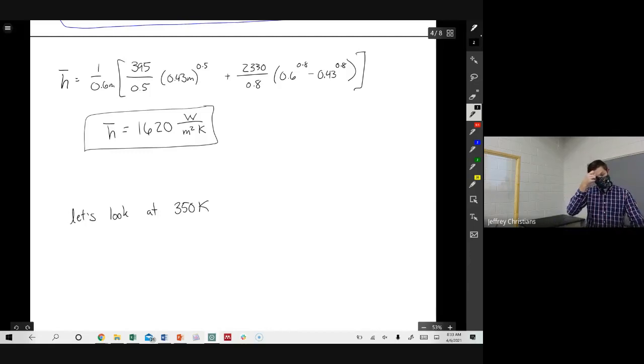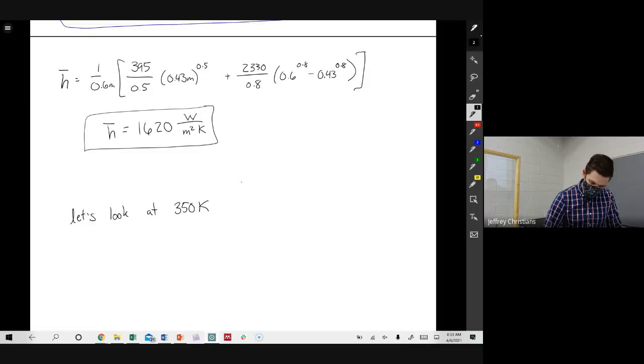Let's look at if we did this at 350 K. We raised the temperature so that, say, the average temperature is 350. We're going to get slight changes in what C lam and C turb are.